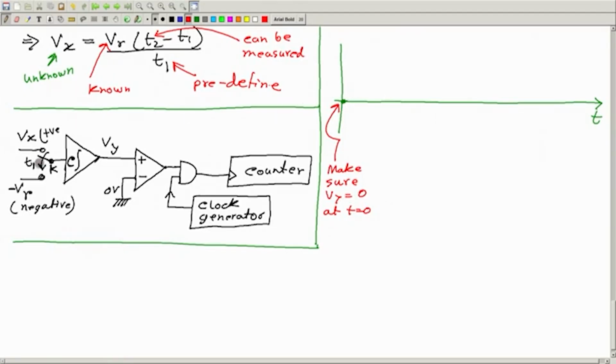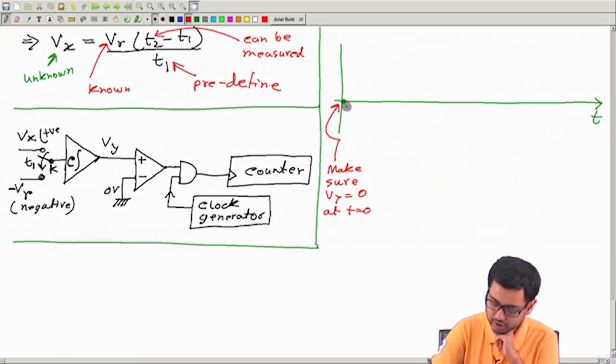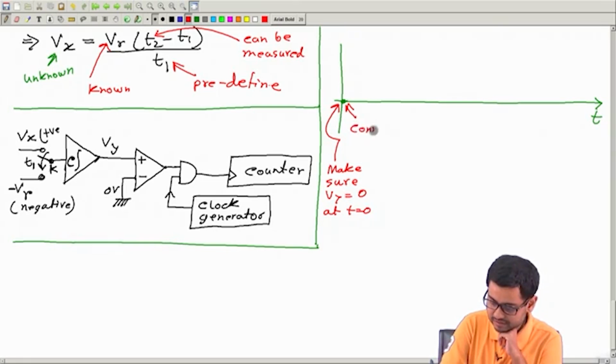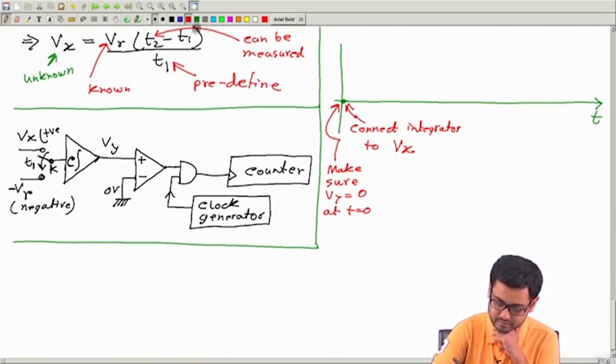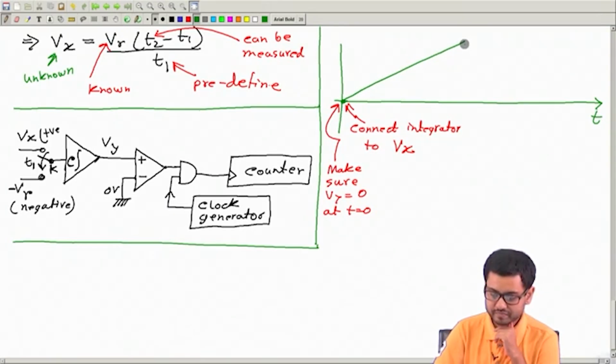Then at this moment we will connect the integrator to Vx. So at this moment we will also connect the integrator. Therefore, Vy will start to grow from this like this. And at what rate will it grow?